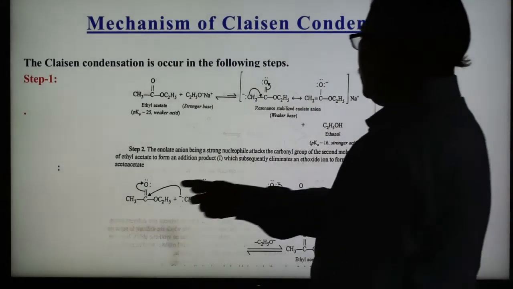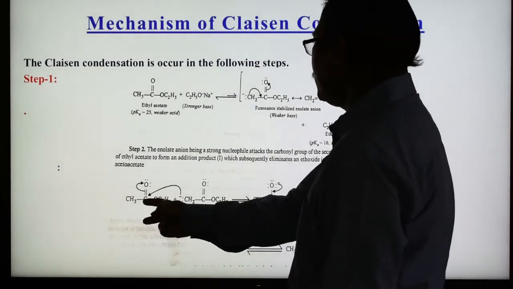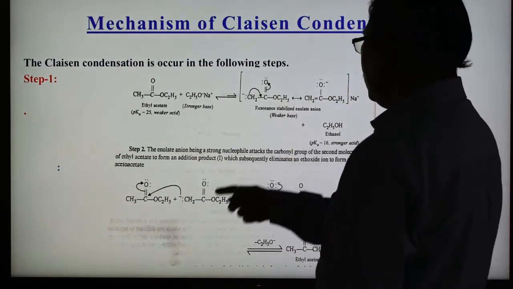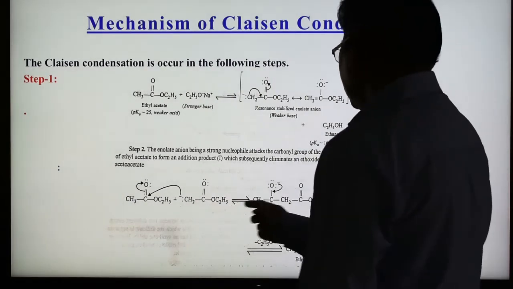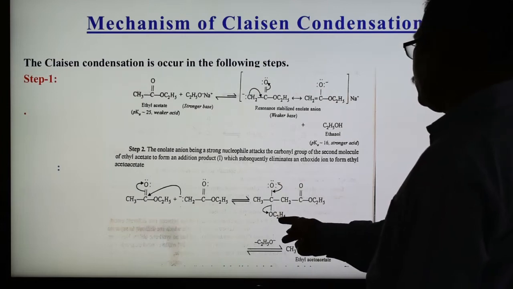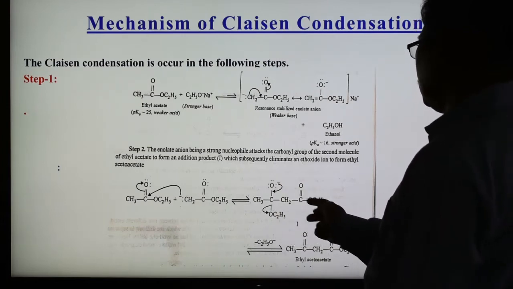So this is another molecule of ethyl acetate, the second molecule, and this is the resonance stabilized enolate ion having a negative charge. This reacts, forming this type of compound, CH3CO and OC2H5, and here is the CH2CO OC2H5.